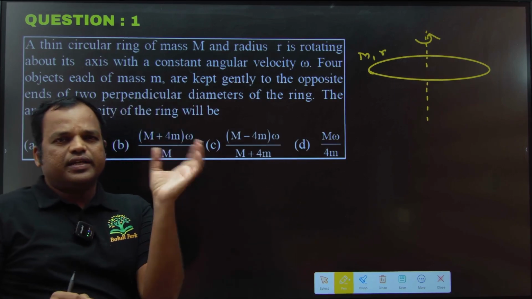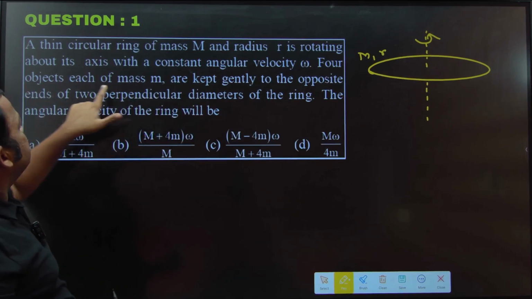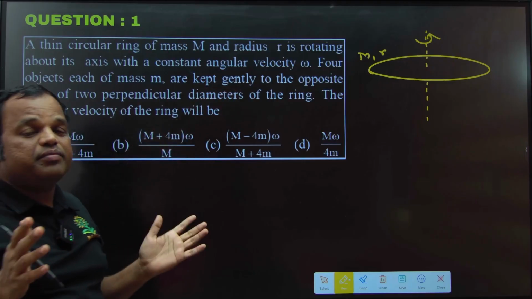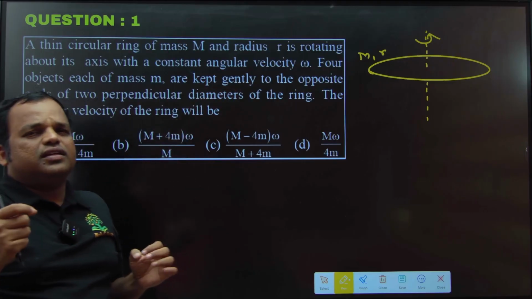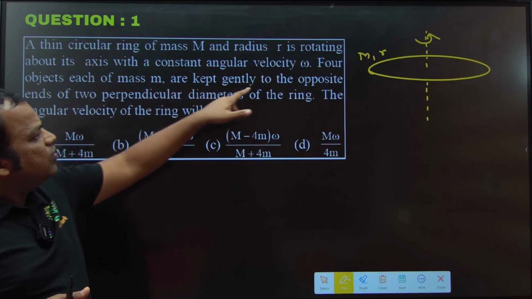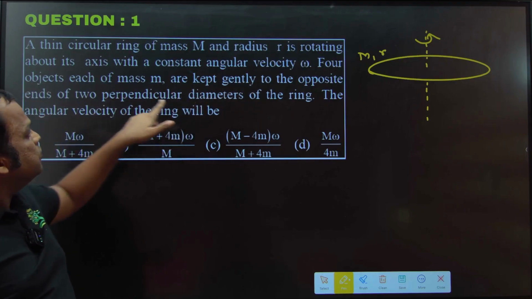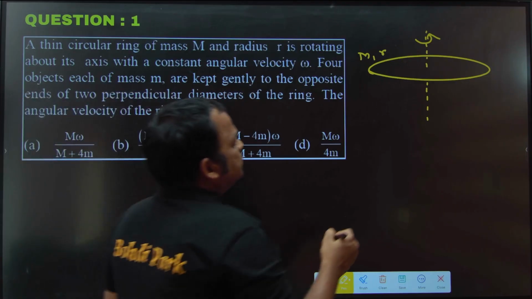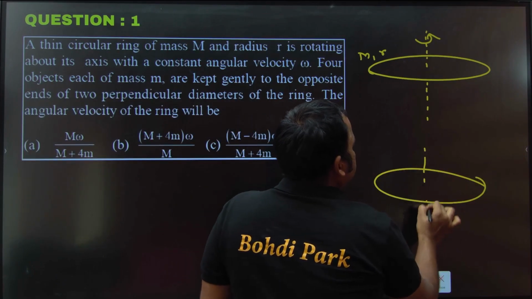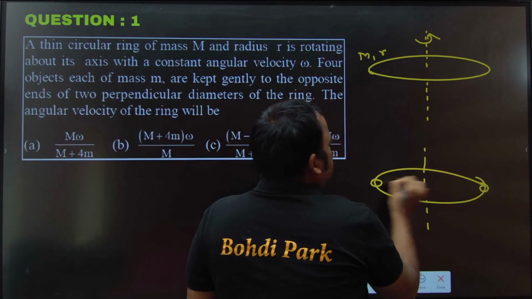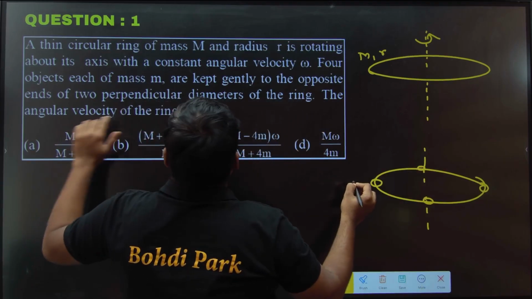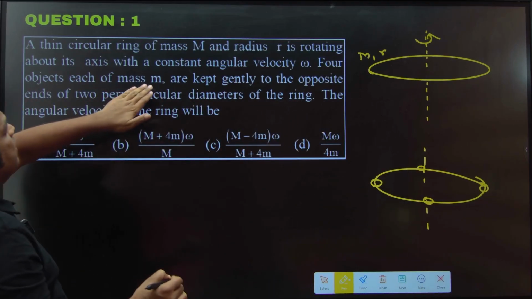It is rotating. 4 objects each of mass m are kept gently. Gently means we can say there is no external torque. Gently to the opposite ends of the two perpendicular diameters. So this ring will have 4 masses like this: 1, 2, 3, 4. 4 masses, each of mass small m.